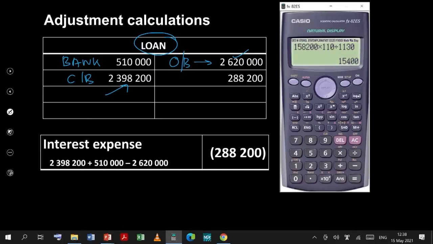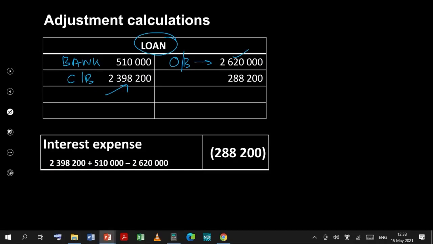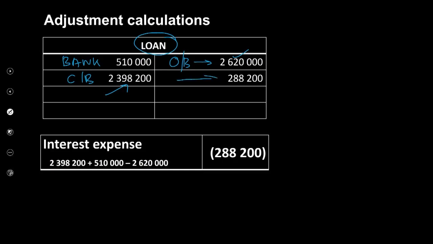All that you now do is you take your figures of 2,398,200 plus 510,000 is equal to that, minus your opening balance 2,620,000, and voila, there we go. What do we have? 288,200 as the interest that is capitalized.